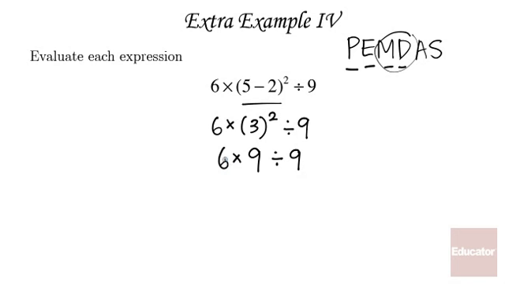So we're just going to solve this out. 6 times 9 is 54. 54 divided by 9. Okay, so I'm just rewriting this. 54 divided by 9 is 6. So my answer to this, 6 times 5 minus 2 squared divided by 9, as long as you follow the order of operations, your answer will be 6.